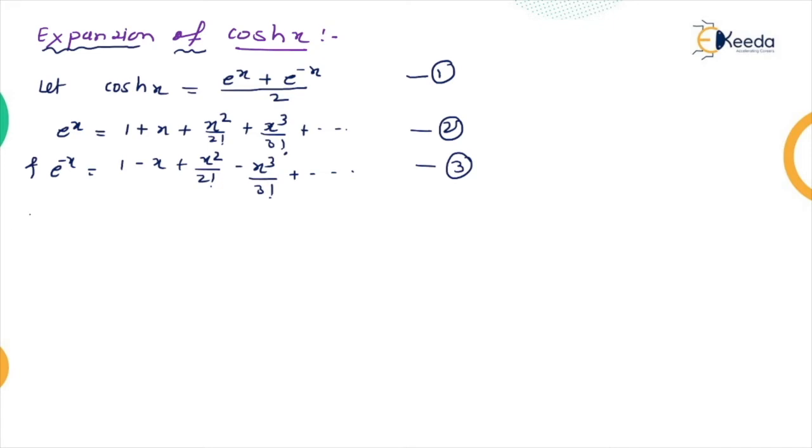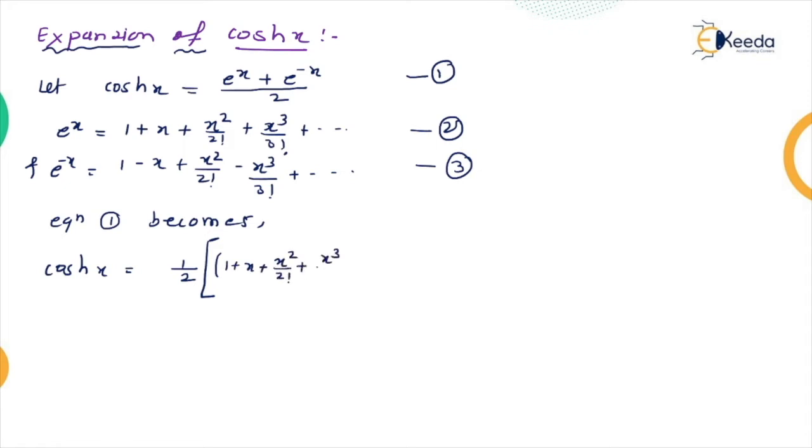Substituting equations 2 and 3 in 1, equation 1 becomes cos hyperbolic x is equal to 1 divided by 2 into the series expansion of e to the power x, plus, in the second bracket, the expansion of e to the power minus x, with the next term plus x raised to 4 upon 4 factorial plus and so on.